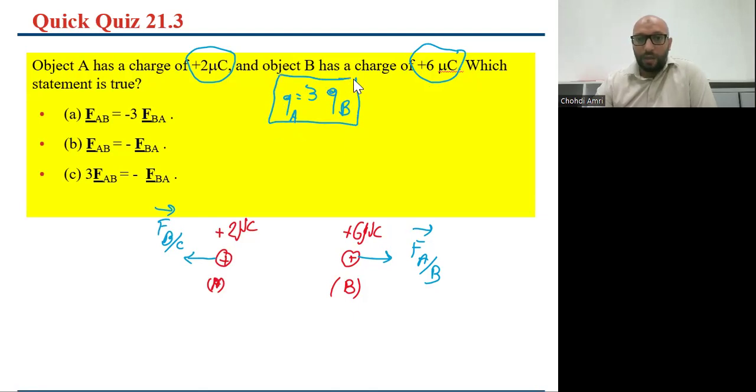In the question, did we ask about the comparison between the two charges or the comparison between the two forces? He's asking about the two forces. The two forces, we said, are equal in magnitude but opposite in direction.